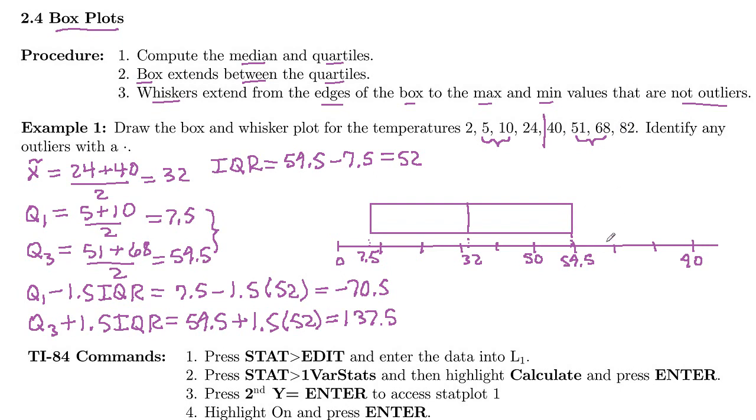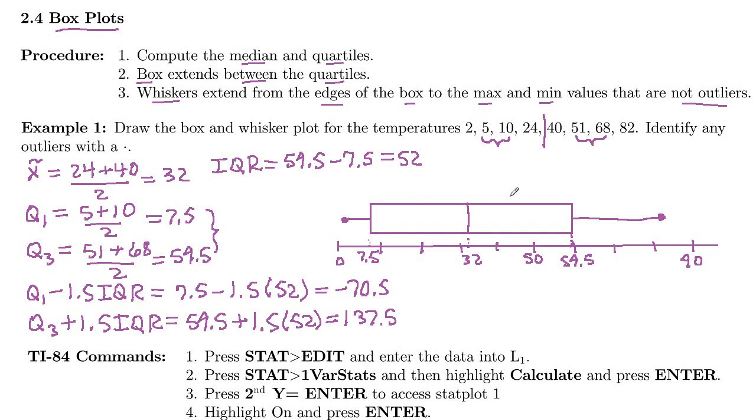So this is 60, 70, 80. 82 would be about right there. We'll extend the whisker out on the right to the 82. And then our minimum value that's not an outlier is 2. That would be about right here. And then extend the whisker from the left-hand side of the box out to the minimum, since neither one of them are outliers. That is our box and whisker plot.